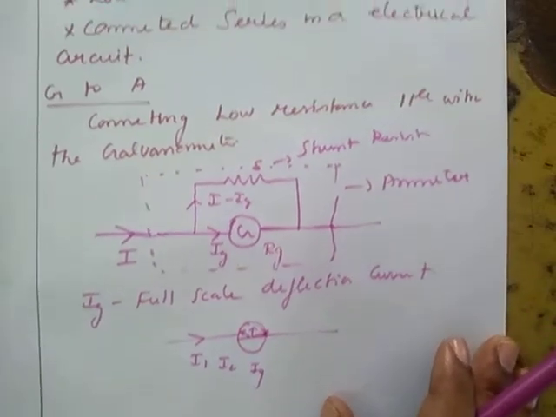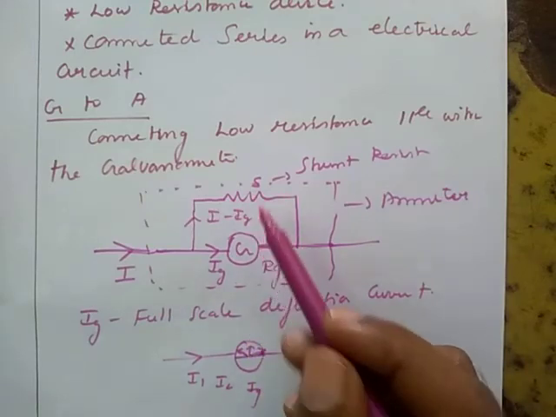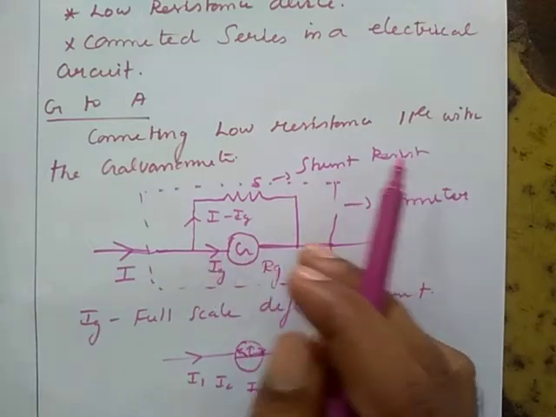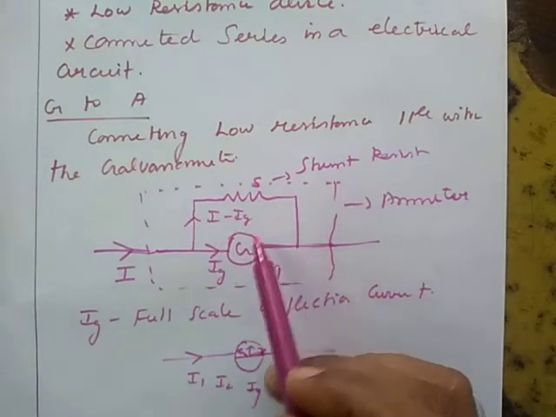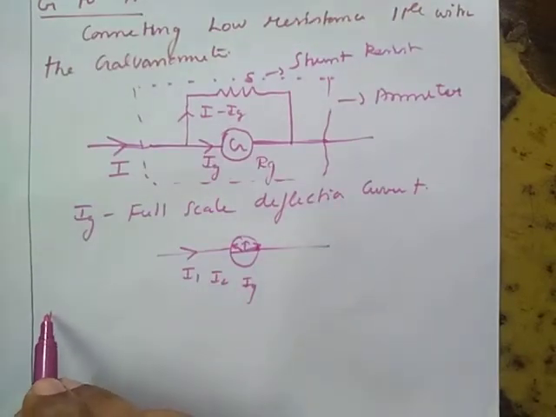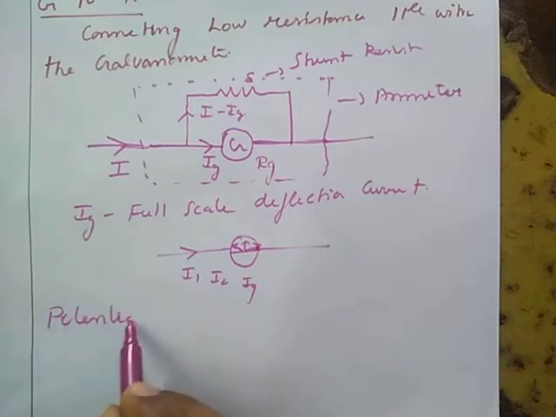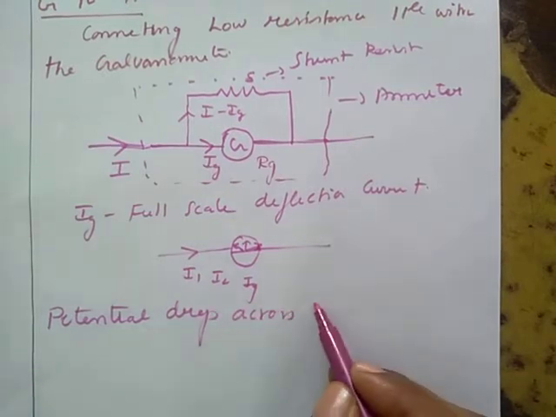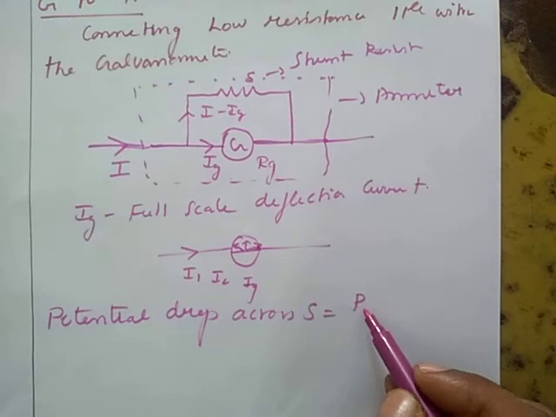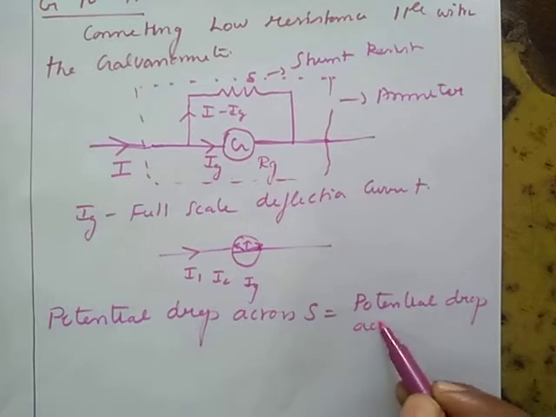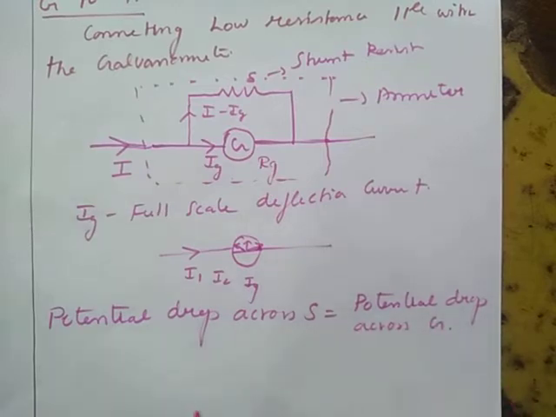Here the shunt resistance and the galvanometer are connected in parallel. So in a parallel combination, the potential drop across S and the potential drop across G are the same. So we can write potential drop across S is equal to potential drop across G. We know the formula for potential, voltage V is equal to IR.